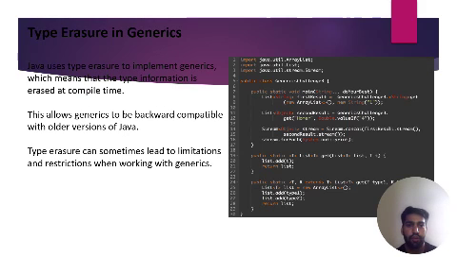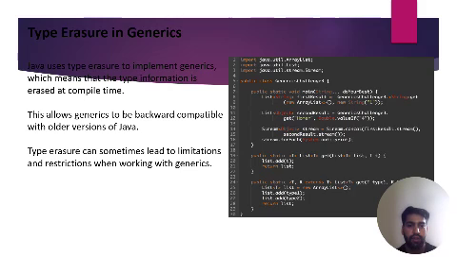Type erasure in generics. Java uses type erasure to implement generics, which means that the type information is erased at compile time. This allows generics to be backward compatible with older versions of Java.